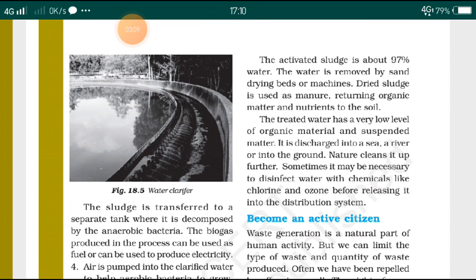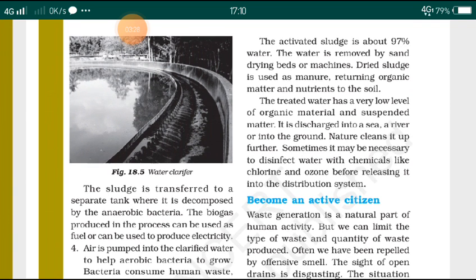The activated sludge is about 97% water. The water is removed by sand drying beds or machines. Dried sludge is used as manure, returning organic matter and nutrition to the soil.